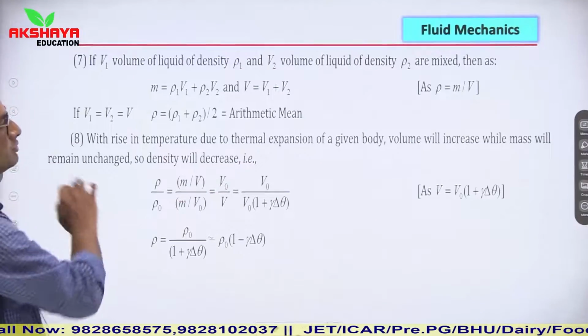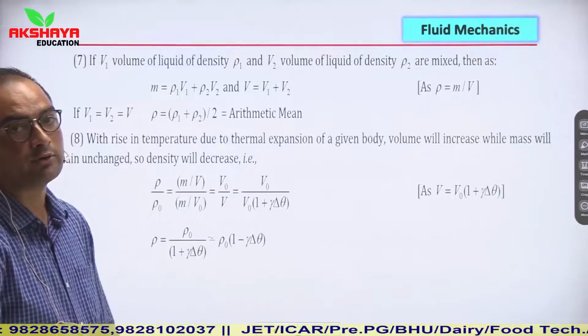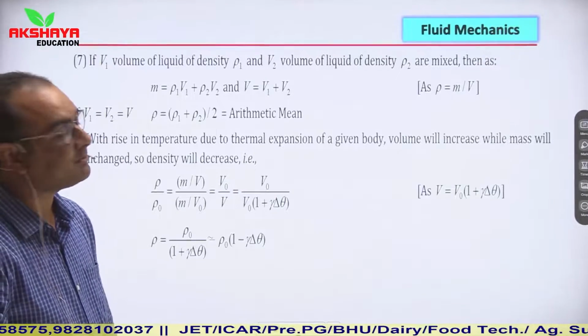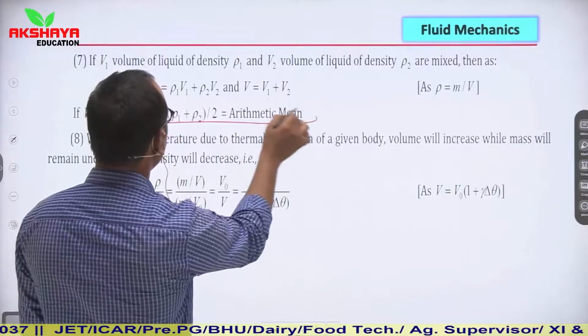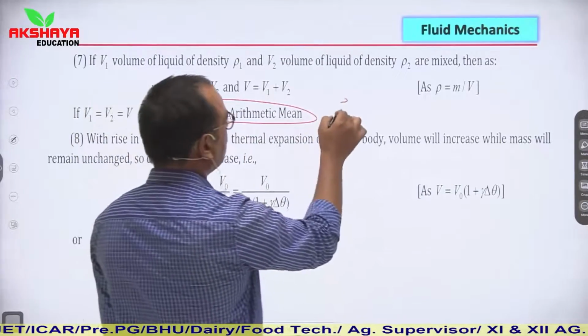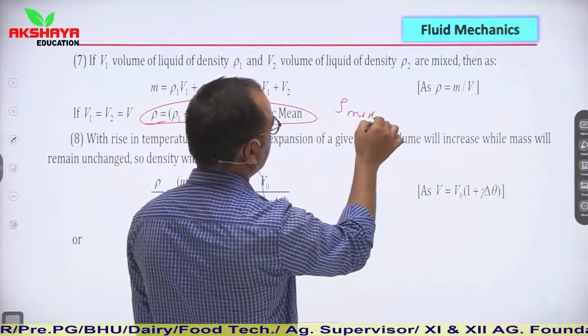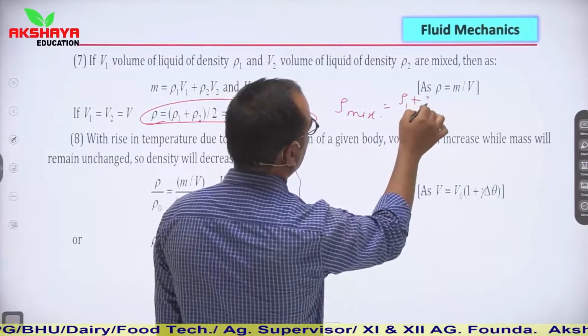And if we mix two substances of equal volume, then it will be the arithmetic mean. So here ρ mixture will be (ρ1 plus ρ2) upon 2.